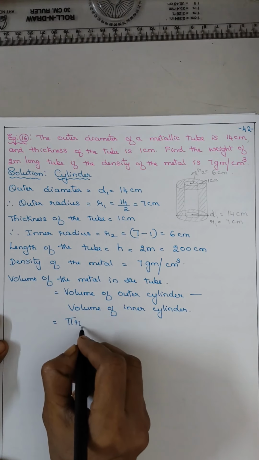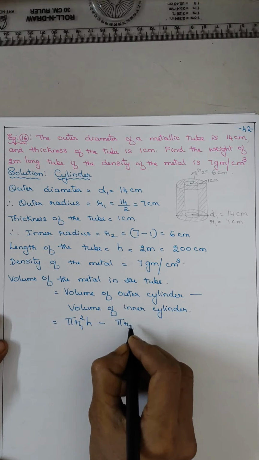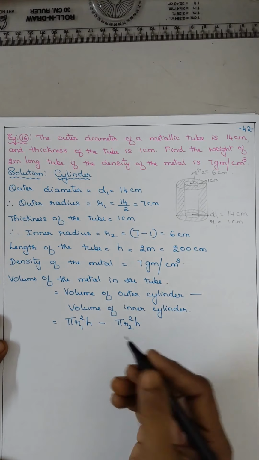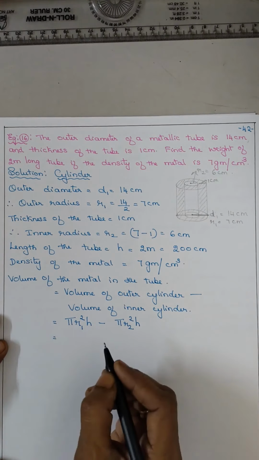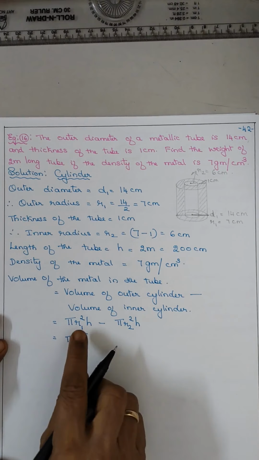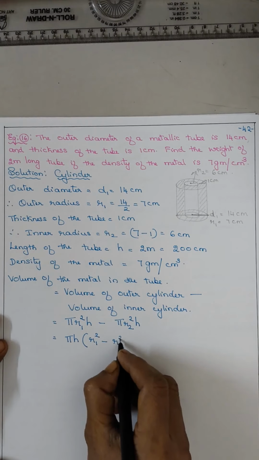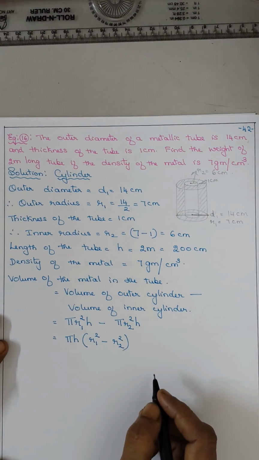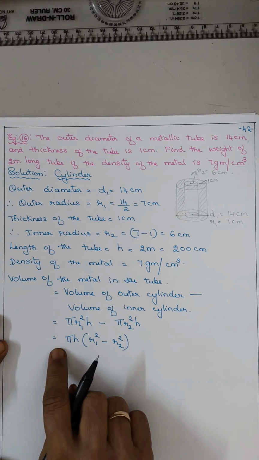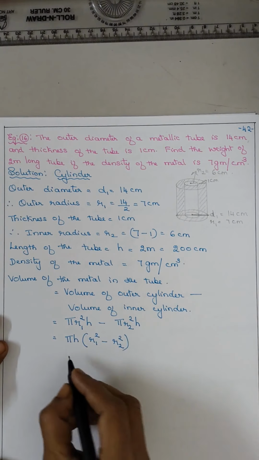So pi r1 squared h minus pi r2 squared h. r1 is outer radius, then r2 is the inner radius. अभी इधर कॉमन क्या है? पाई एंड एच आर कॉमन. पाई एच r1 squared माइनस r2 स्क्वायर. समझ में आ गए? कैलकुलेशन इजी होने के लिए pi h is common in both, take it outside common, and whatever is remaining, r1 squared minus r2 squared.